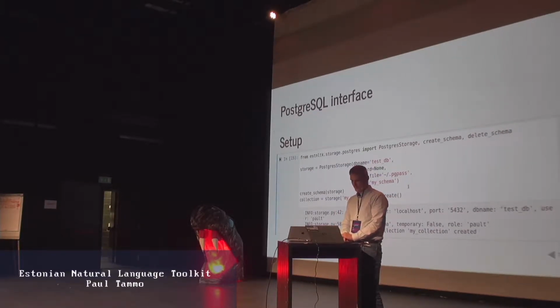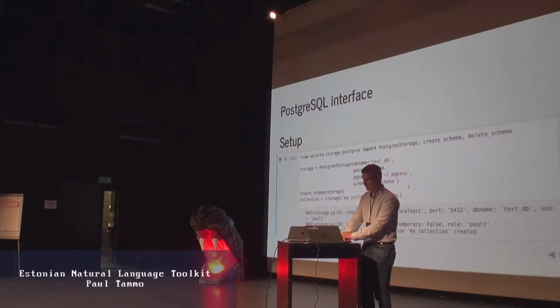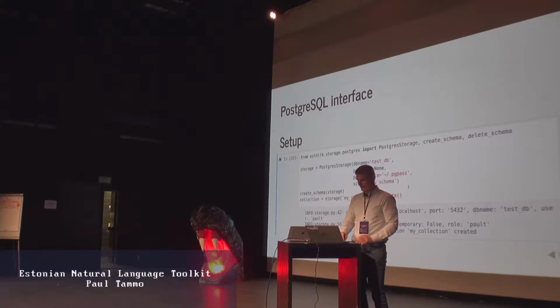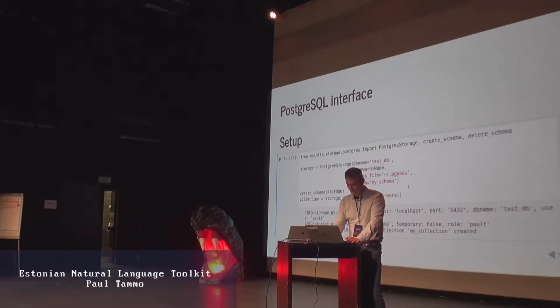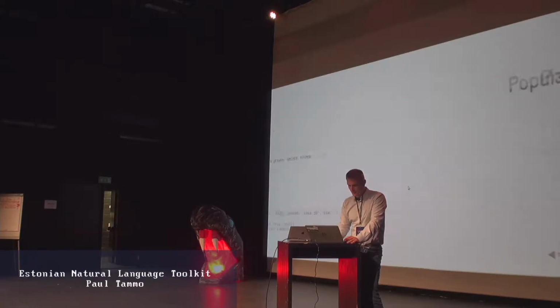Here we set up the schema and create a collection. Well, in practice, the schema might already be set up, but well, here in my computer I set it up.